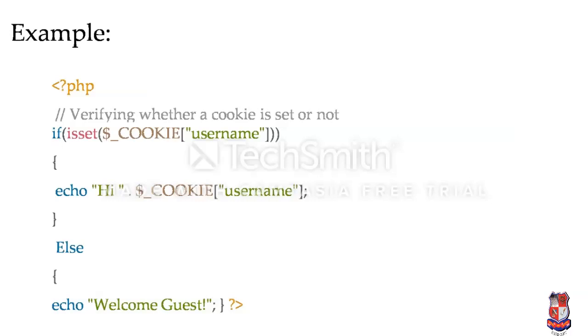We will print the value of the cookie using echo. We have to use just $_COOKIE, the same as in isset, with square brackets and the name of the cookie. So this will print the value of the cookie. So this is the example of checking whether a cookie is set or not.